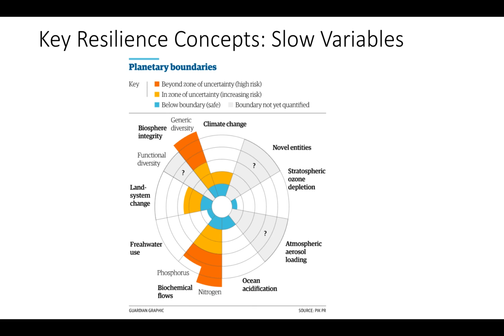There are a few subcategories, so phosphorus and nitrogen for biochemical flows, etc. And then the job of the scientists is to try to measure those thresholds, and where those levels exist within that range of variation. You can see some of those categories already we're not looking too good. Others, surprisingly, we may be still a ways away from the threshold.